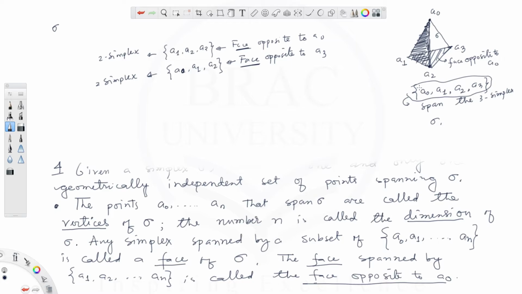But A2, A3 is this line, and this is also a face of sigma, because it is a proper subset of the set consisting of these 4 geometrically independent points.